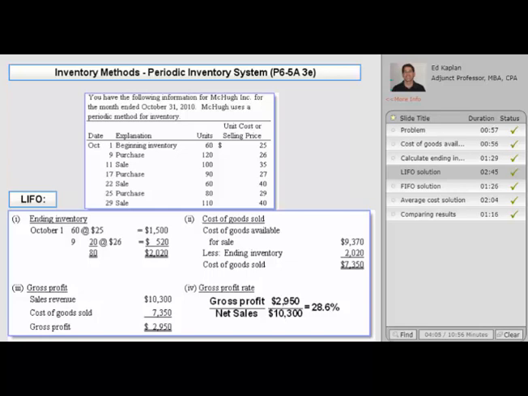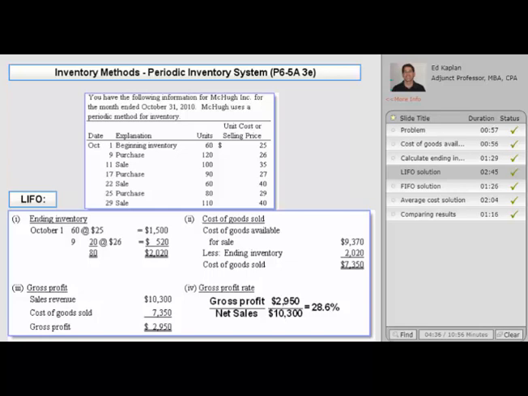And then the next layer, and by the way, then we only have 60 units accounted for, so we have to keep going until we account for all the units we have in inventory, which looks like 80 units. By the way, that screen's off a little bit. The 20 at $26 should line up directly under the 60 at $25. So on October 9th, we go to the second layer, which was 20 units.